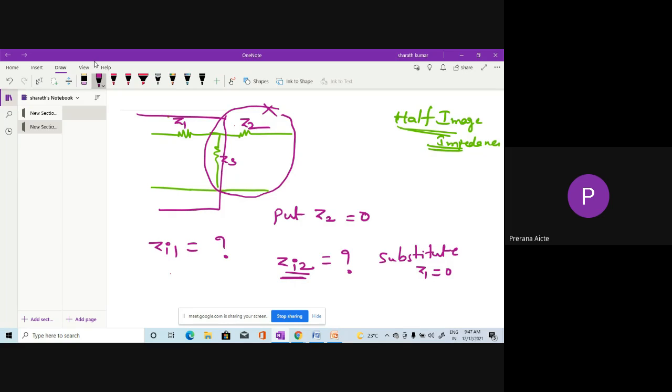Let's see. We have another property which is very important, that is iterative impedance for an asymmetrical network. Iterative impedance of an asymmetrical network. I will give you a brief idea how to find the iterative impedance of an asymmetrical network. This is another property of your asymmetrical network.